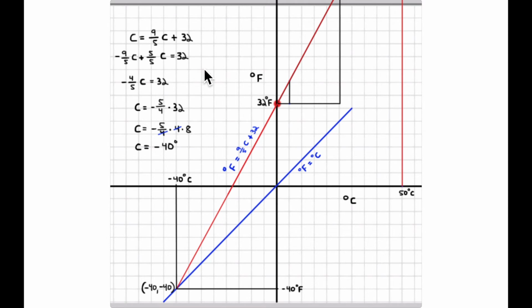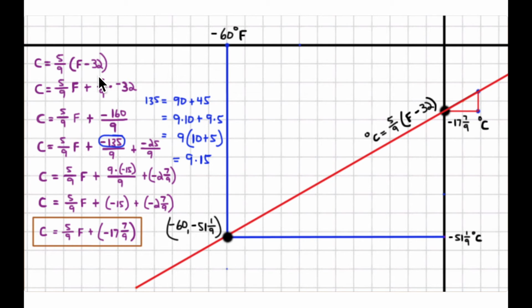But if you rewrite this equation in terms of degrees Fahrenheit, so now Celsius is equal to degrees Fahrenheit, the y-intercept is negative 17 and 7/9 degrees, and the slope is 5/9. So every 9 degrees to the left is 5 degrees down, 9 degrees to the left, 5 degrees down, and so on.